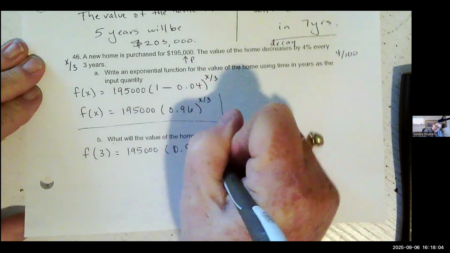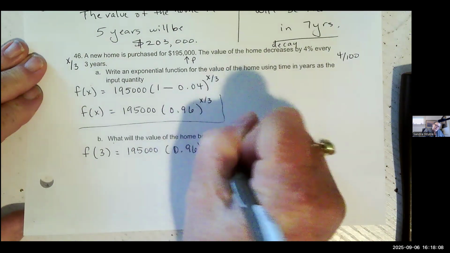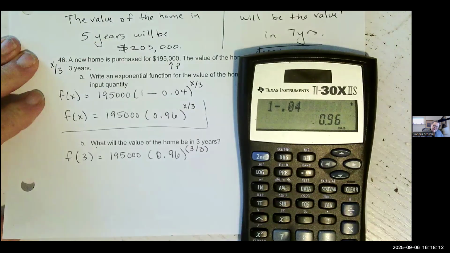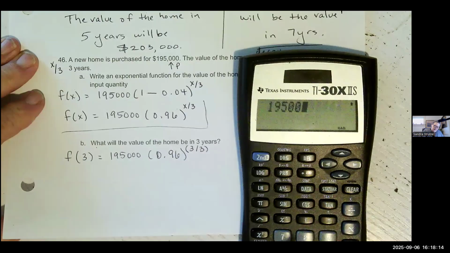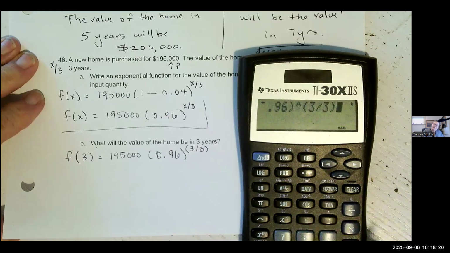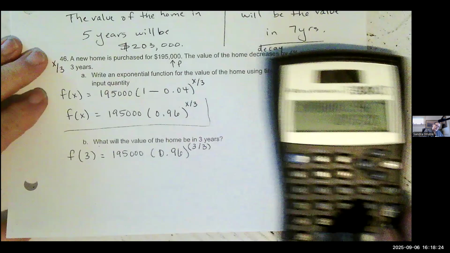0.96, that's decaying, all right. Parenthesis, 3 divided by 3, close parenthesis. Okay. So 195,000, open, 0.96, close, caret, open, 3 divided by 3, close, equal. $187,200.